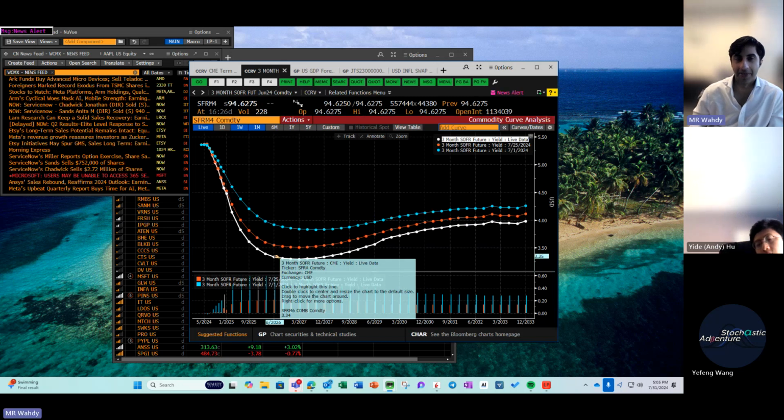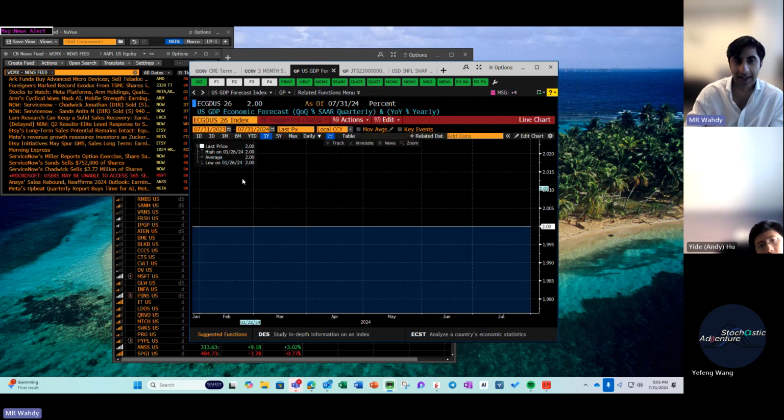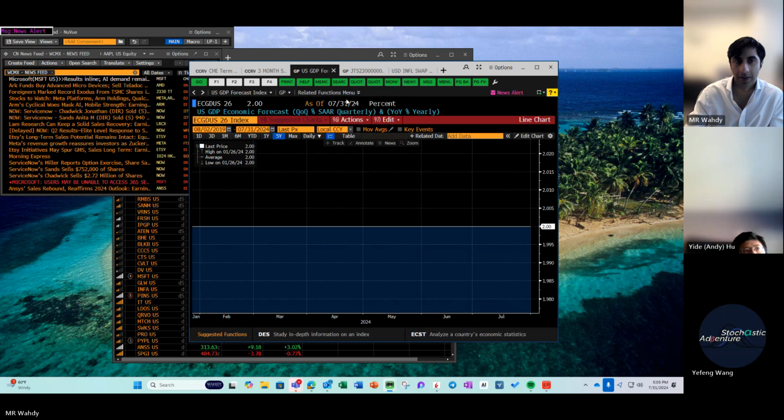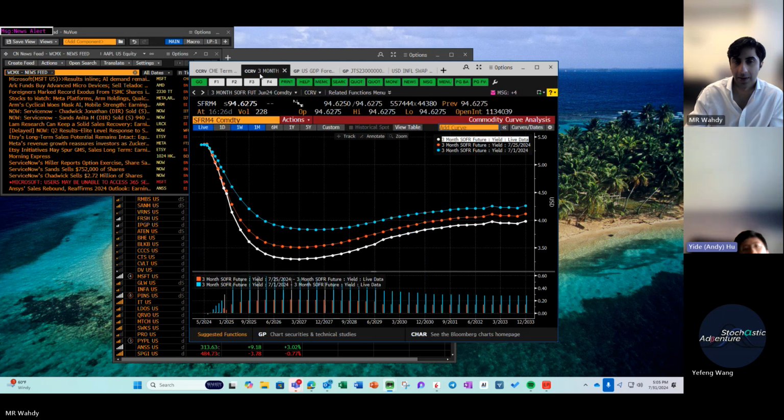And that is below the 2% that is currently being forecasted. So are they saying the Fed will cut too late and too little that we won't even achieve a recovery by 2026, or be higher than 2% by 2026?